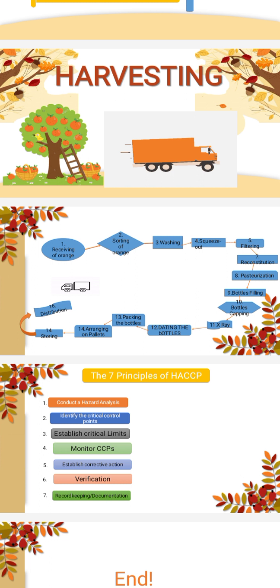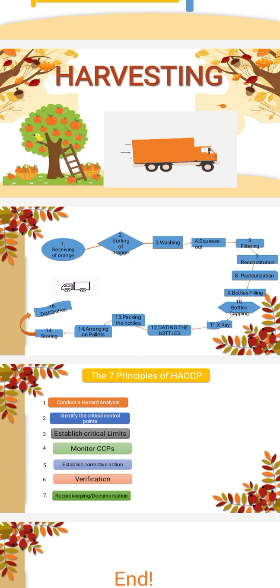Number 4, monitor CCPs. Monitoring has a special and important place in the control of food safety. It is the output of an assessment relating to a specific food process and ensures significant hazards requiring management are effectively monitored and controlled when a deviation is detected.